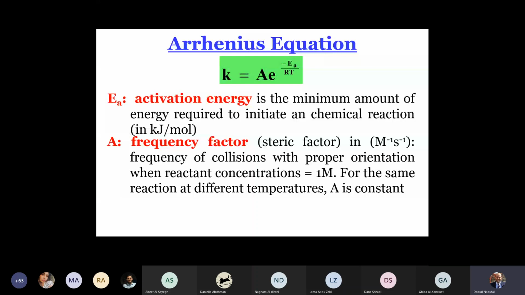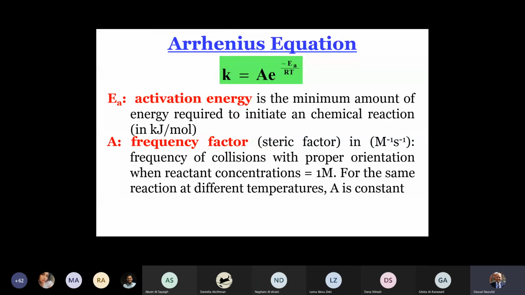In other words, when you mix A with B, the collision between A and B depends on the orientation of A and that of B. According to this orientation, if A is directed to B, the probability of reaction increases. But if A is directed inversely, in the other direction, the probability of the reaction between A and B decreases.